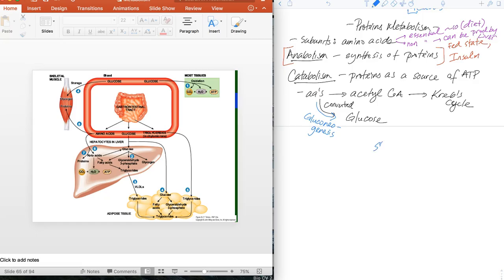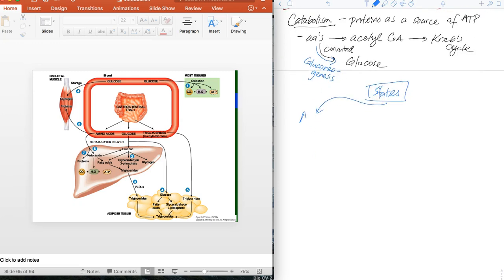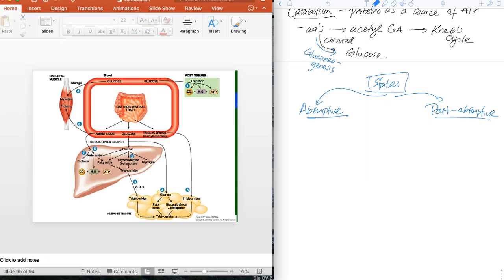There are two major states. One of them is absorptive. The other one is called post-absorptive. After a meal, what would you like to be stimulated? You want to stimulate basically synthesis. You're going to store and synthesize glycogen.